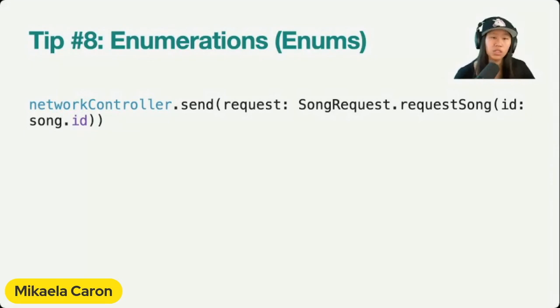So our request looks like SongRequest.requestSong and then we pass in the song ID. This allows us to make the network request. Everything is handled in the controller, and it already has all the information it needs to properly make that request, and we don't have to define anything else because we already did all of that within that enum.